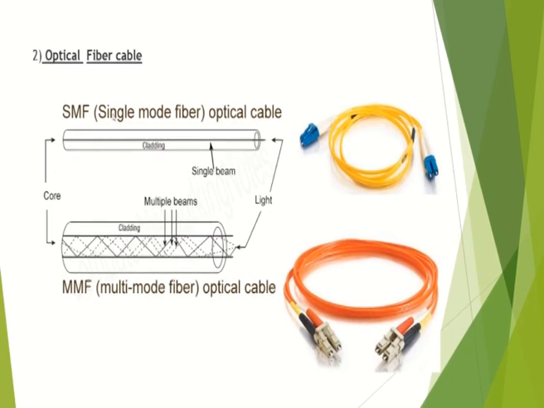Like MMF, single mode fiber (SMF) transmits signals via light and is not subject to electrical interference. The difference between SMF and MMF is in the physical characteristics.